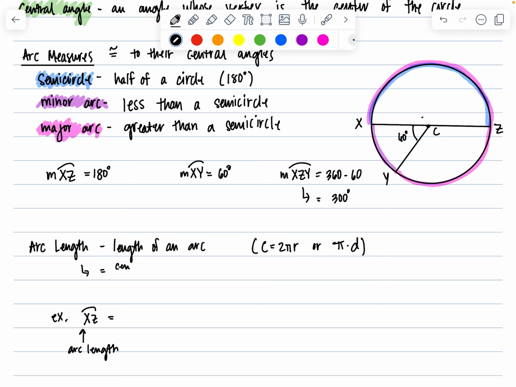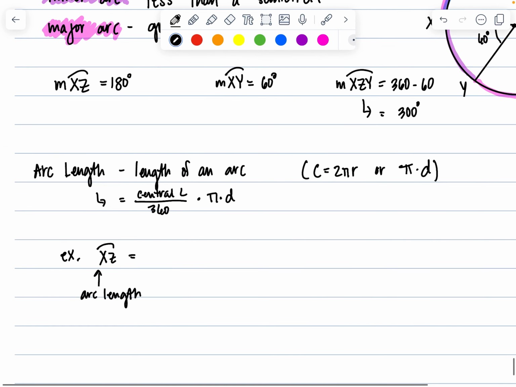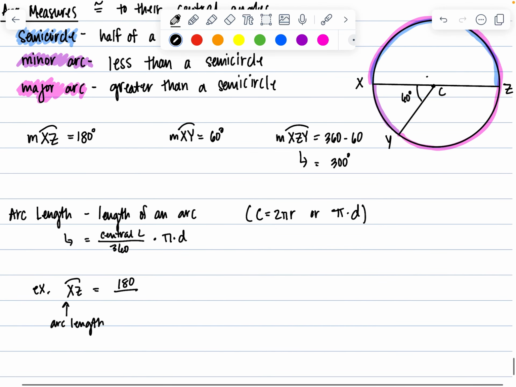The formula is the central angle, or the arc measure, over 360 degrees times the circumference. Now I'm going to put pi times diameter just because it's cleaner, but just know that you're multiplying by the circumference. So in this particular case, the arc length would be equal to 180 degrees, because that is the arc measure or the central angle, over 360 times pi.